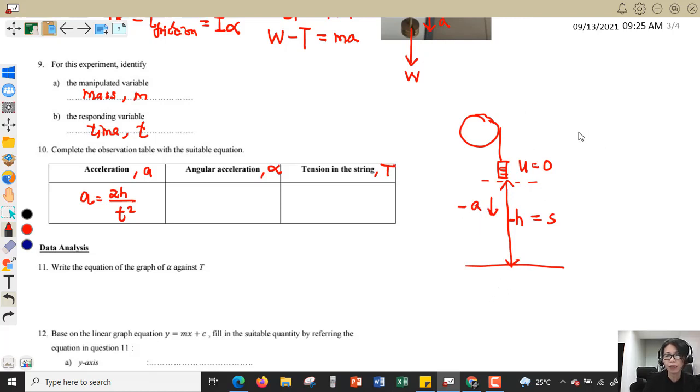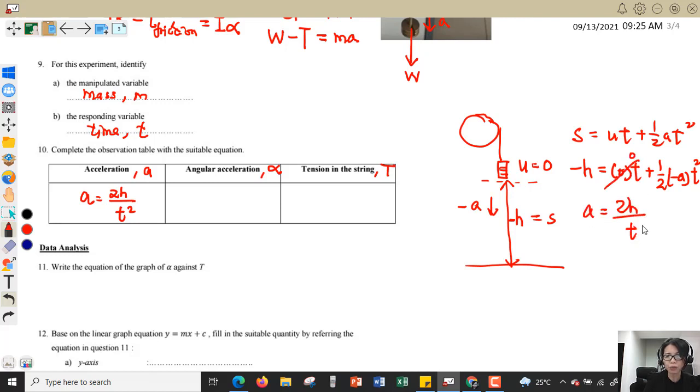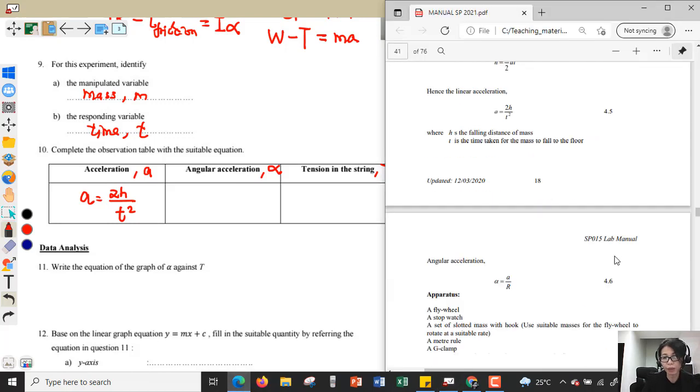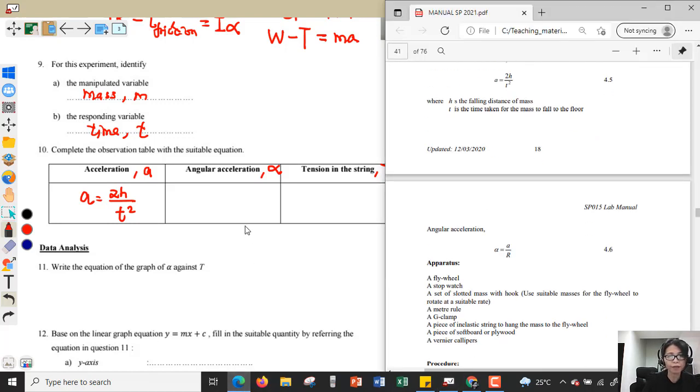So refer to the kinematics equation: s is ut plus half at squared. Our s is negative h, our u is 0, our a is negative a, t squared. So this one is 0. Rearrange, and we will get a equal to 2h over t squared. So this is the equation we use to determine acceleration. Then the angular acceleration can be calculated using equation 4.5.